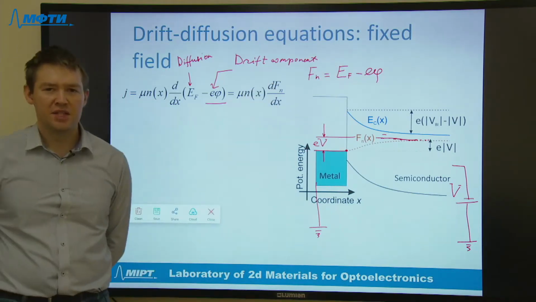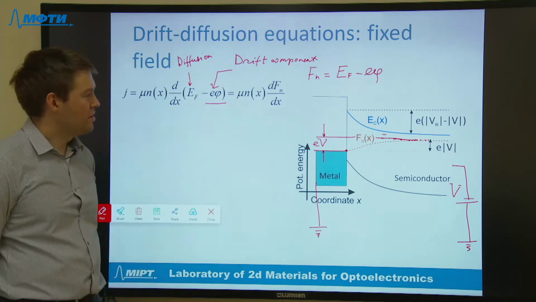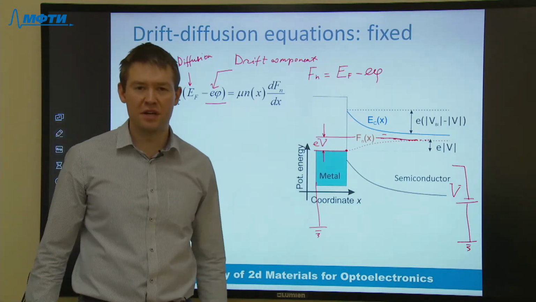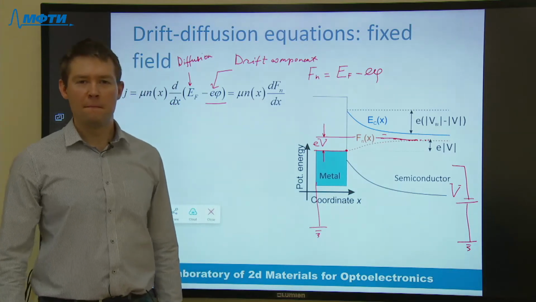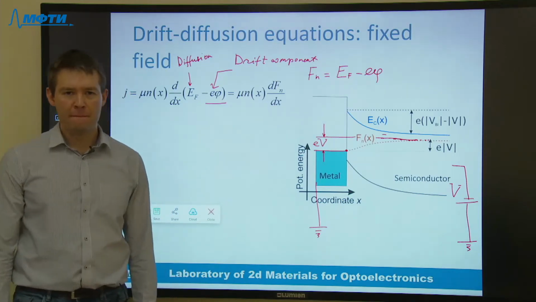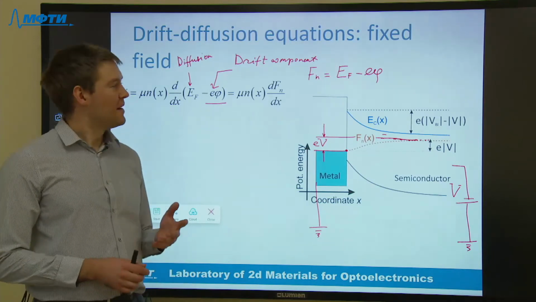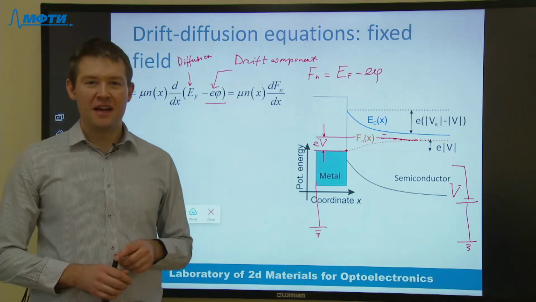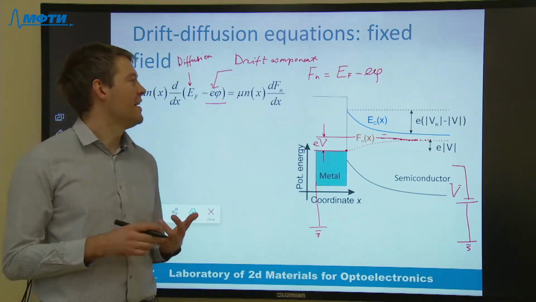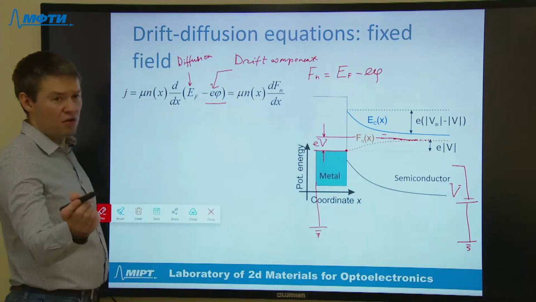Can anybody suggest a method to find the current if we don't know the distribution of Fermi level and distribution of density inside of the structure? Don't be shy. Actually, one equation and two unknowns. One is just a number we need to find, and the other one is a function. The boundary conditions are also known.